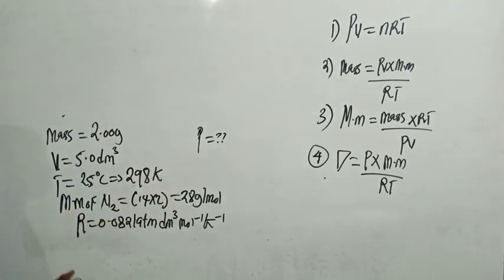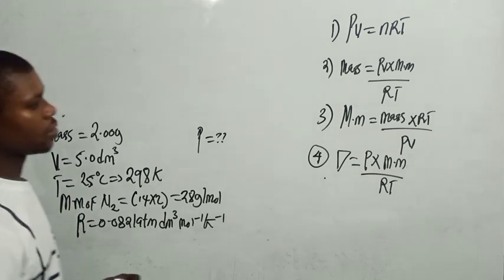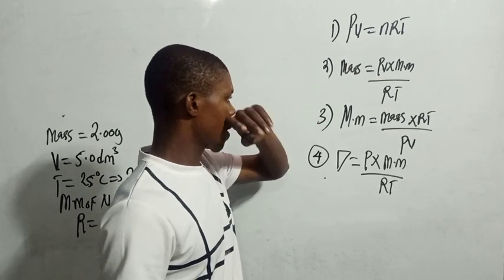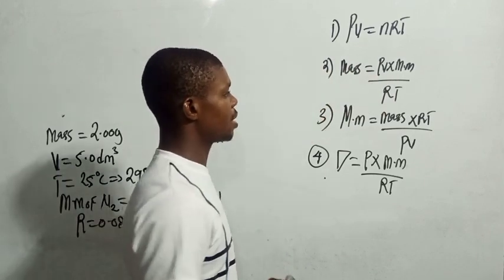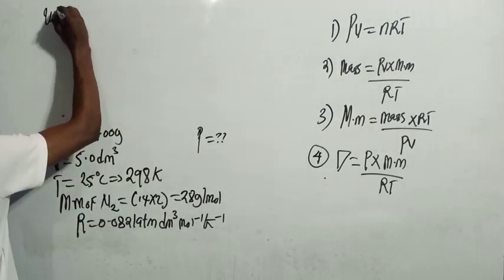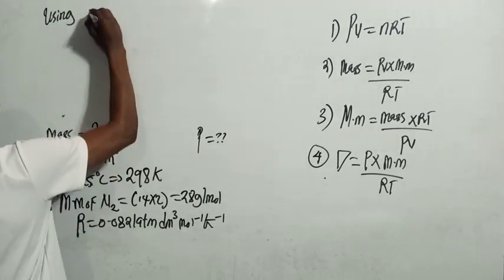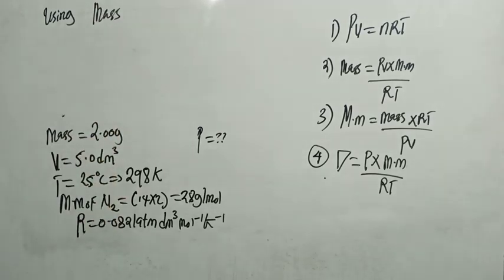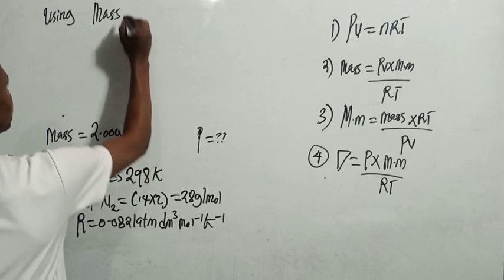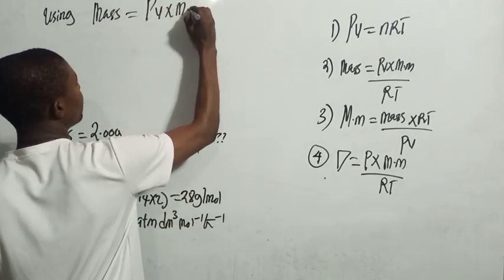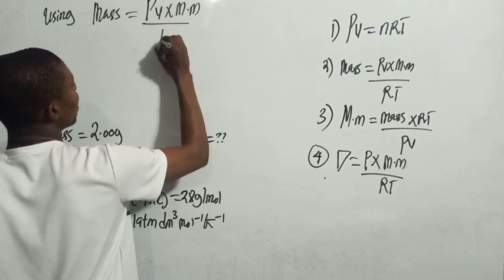We are calculating the pressure, and you are given mass here. It means that we are going to use this one: mass equals PV times molar mass over RT.